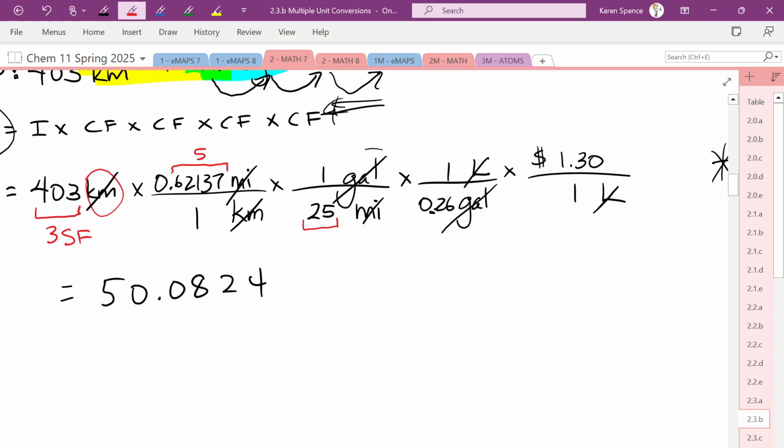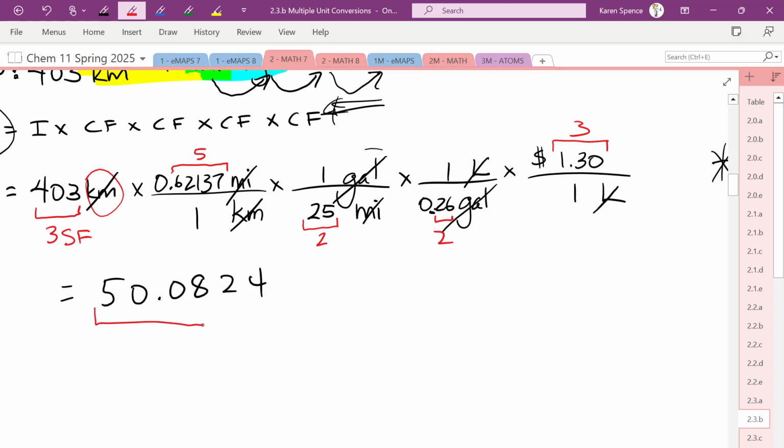If I say my car uses 1 gallon for every 25 miles, are those exact numbers? They're measurements. Somebody had to measure that about your car. They had to say it goes 25 miles on 1 gallon. So that's 2 sig figs. 0.26 gallons per liter, that is an imperial metric. So that's 2 sig figs. And here we have 3 sig figs. So our answer will be to 2 sig figs.